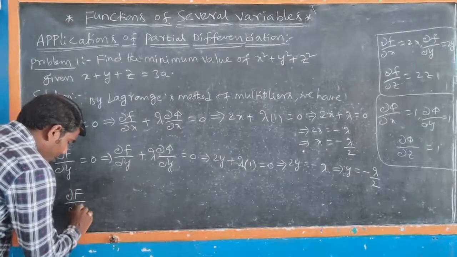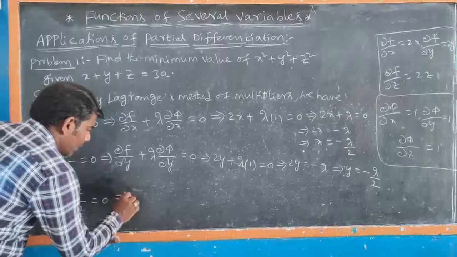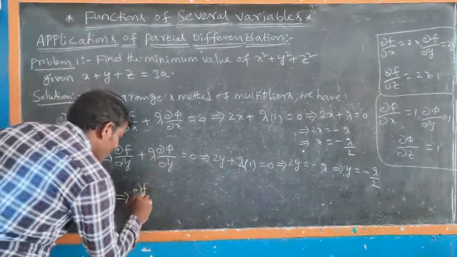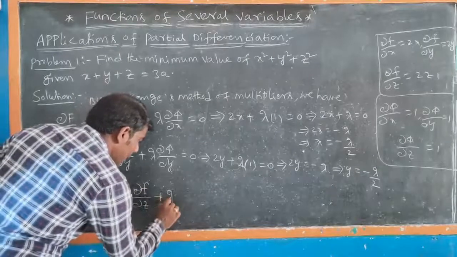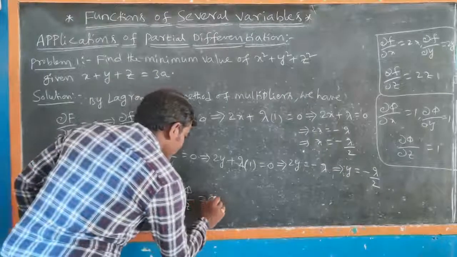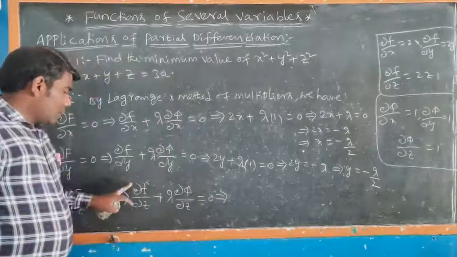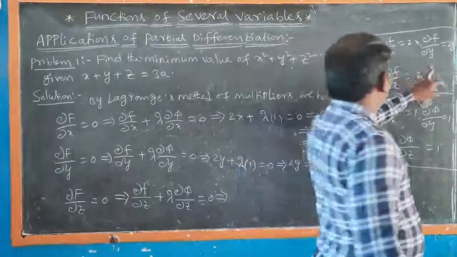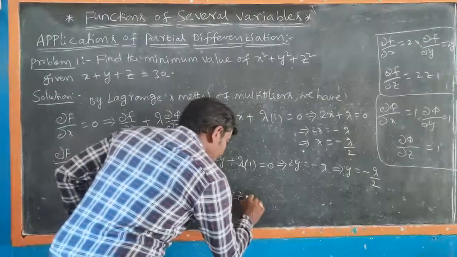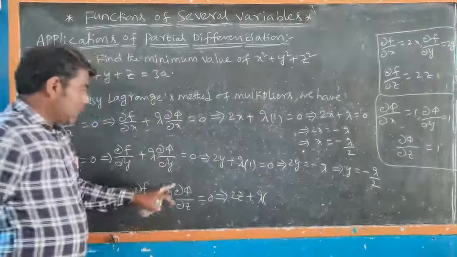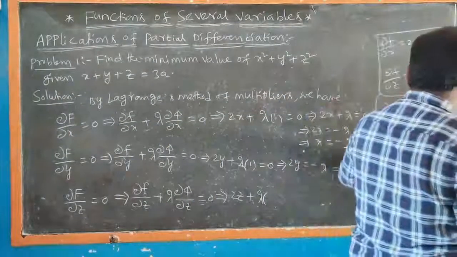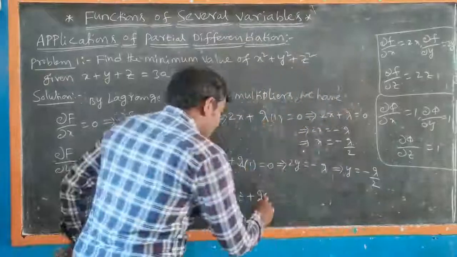Next, ∂F/∂z is equal to 0. That implies ∂f/∂z plus lambda into ∂φ/∂z is equal to 0. What is ∂f/∂z? ∂f/∂z is equal to 2z plus lambda into, what is ∂φ/∂z? 1.